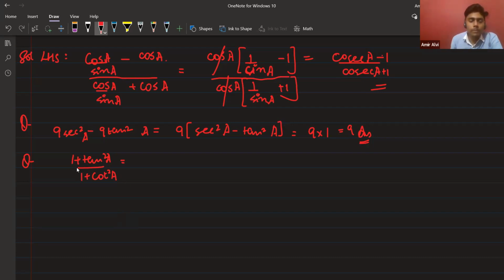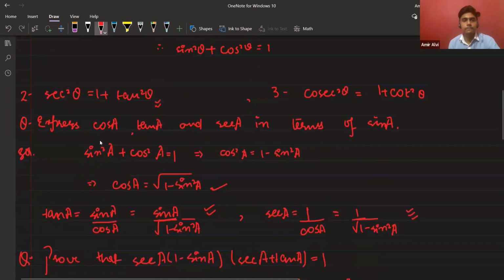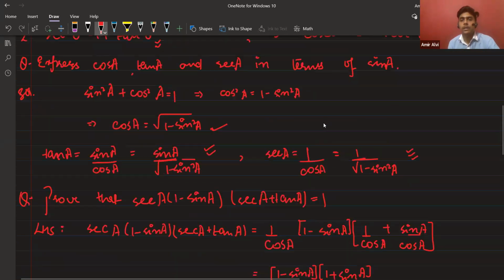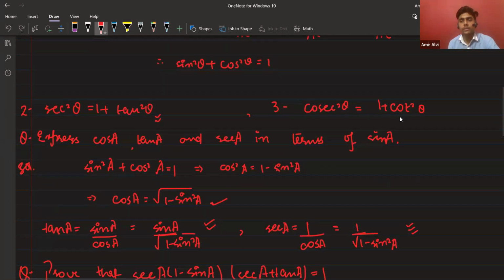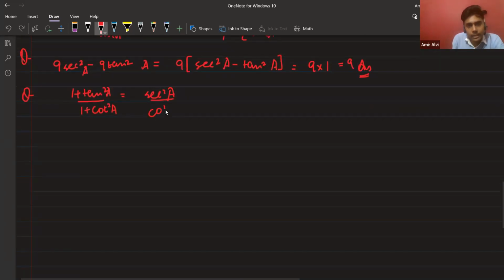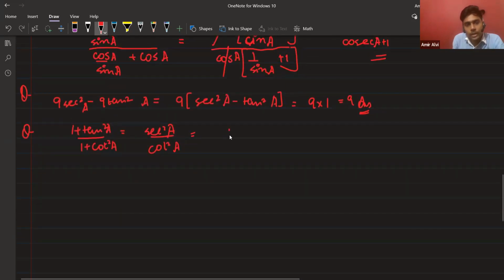Okay. So 1 plus tan square A can be written as sec square A, yes or no? Yes, sir. Sec square is 1 plus tan square theta. And cosec square can be written as 1 plus cot square theta. So cot square theta, which means A. So sec A, how to write sec? 1 by cos square A into, how can we write cot square A?